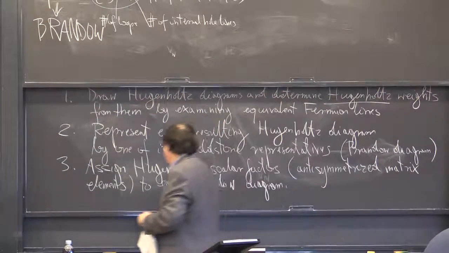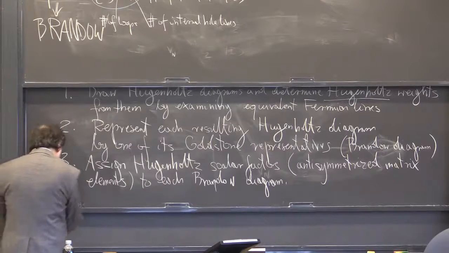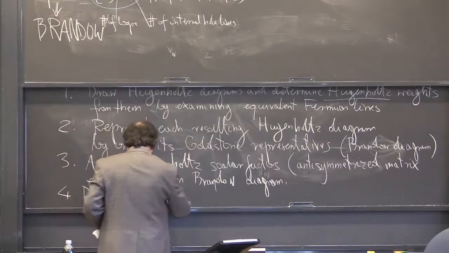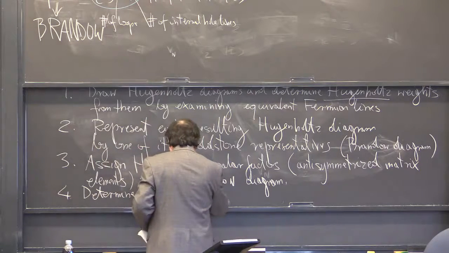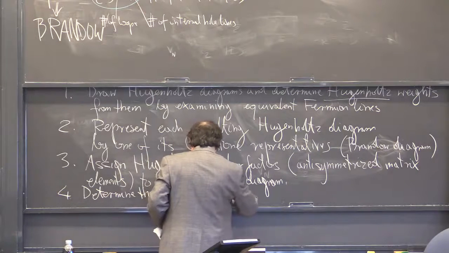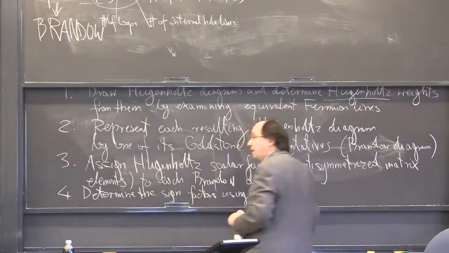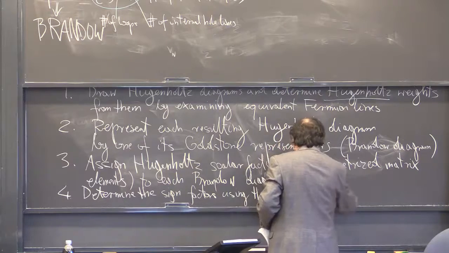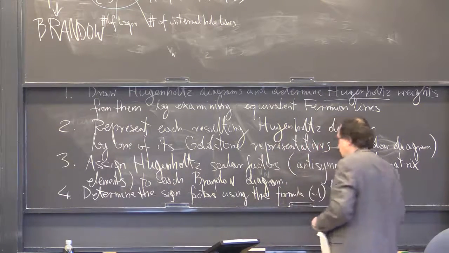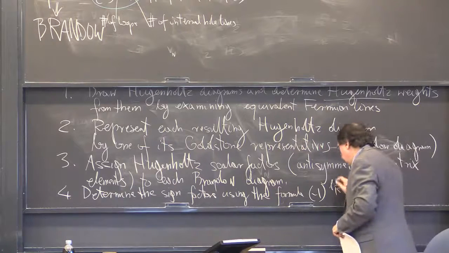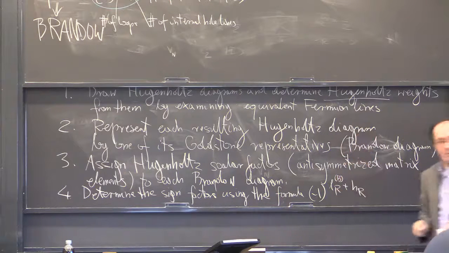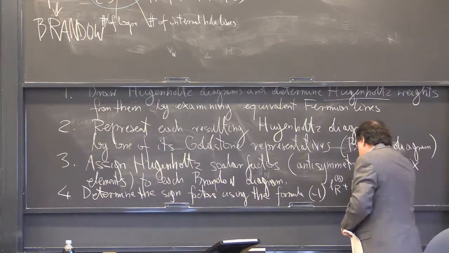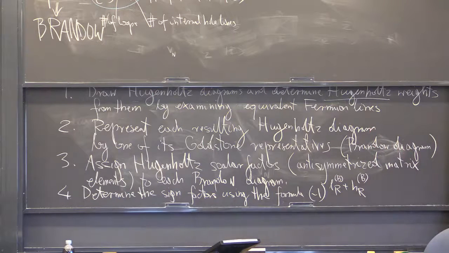And then when you're done with it, your fourth step is determine the sign factors using the Goldstone style formula, (-1) to the L_B plus H_B, where L_B is the number of loops in the Brandow diagram, and H_B is the number of internal hole lines that you can also read from a Brandow diagram.